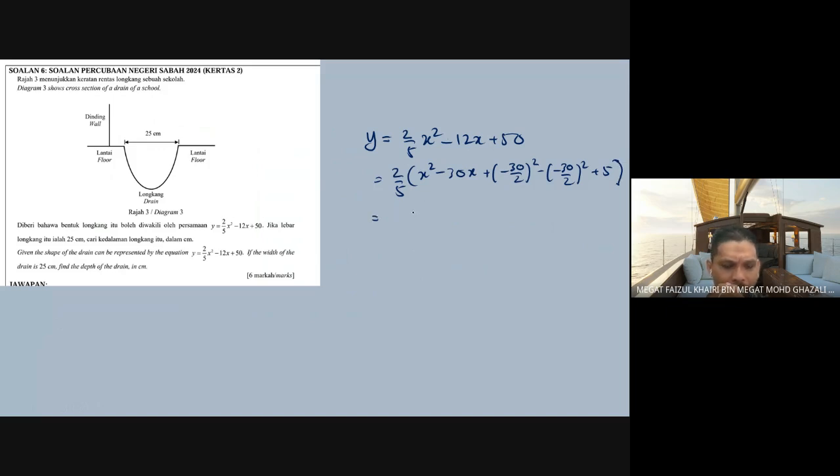So it is now 2 over 5 times x minus 15 squared minus 40. Then the width is 25.